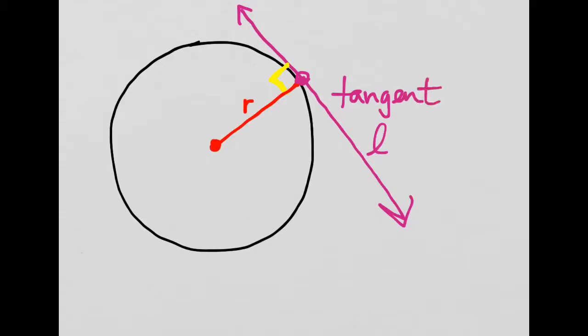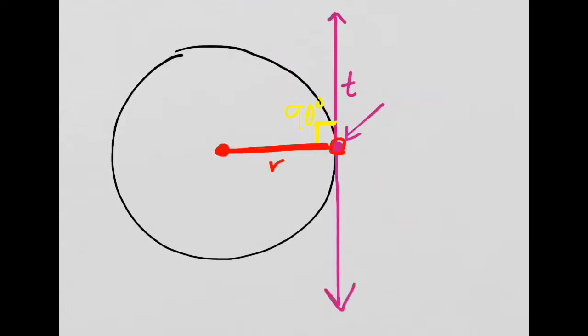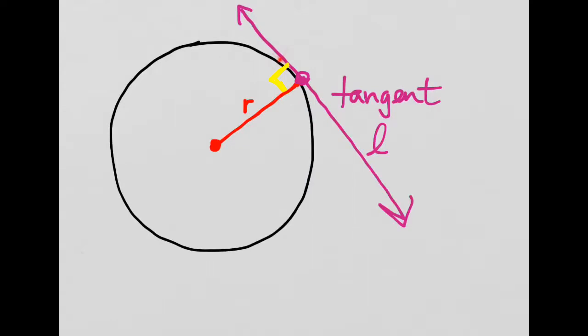Okay, so if you recognize, hey, I've got some line in the same plane as a circle, and it's perpendicular to this radius, well, it is therefore tangent to the circle. Just like before, I said, hey, I have a tangent line and therefore it made a 90-degree angle. Okay, so if you have a tangent line, you got a 90-degree angle. If you've got a 90-degree angle, then you got a tangent line. Again, in relationship to a radius.